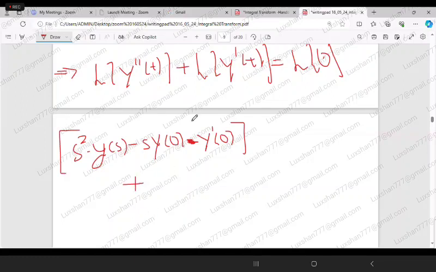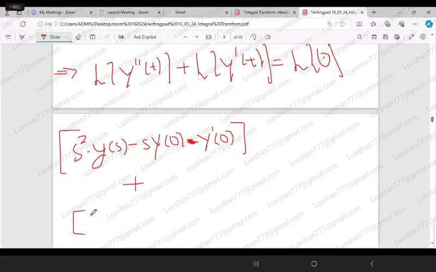Can anyone tell what is the Laplace transform of Y dash t? What is the Laplace transform of Y dash t? Any other one can tell me?